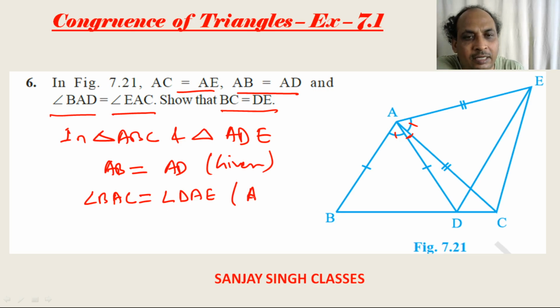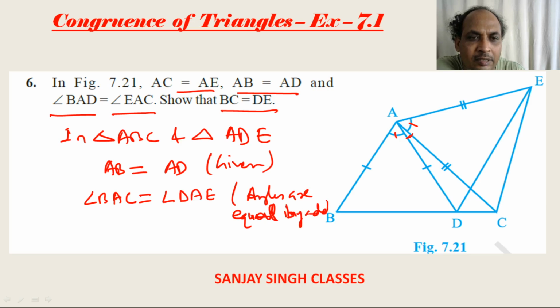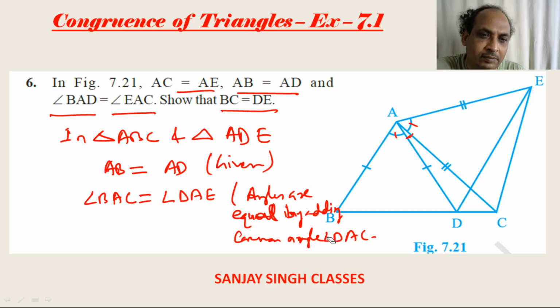So angles are equal, including angle DAC, by adding common angle DAC. Common angle DAC. Okay. Right.